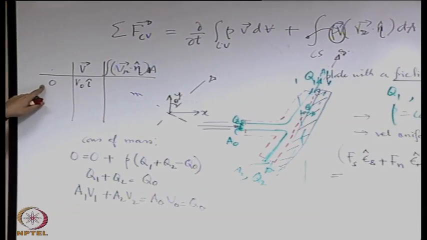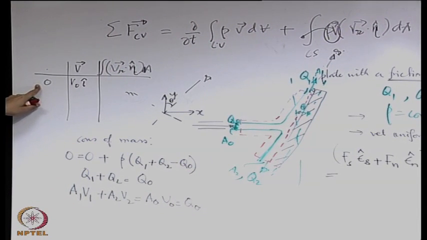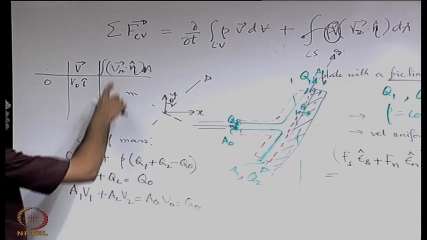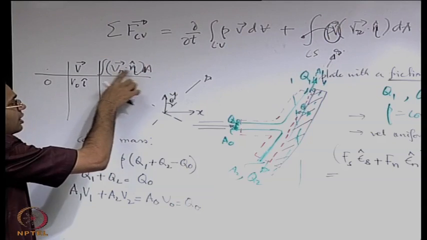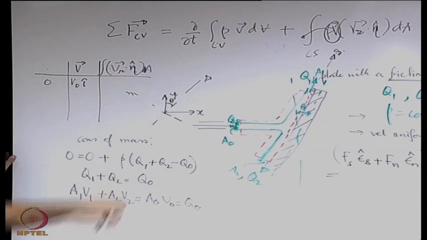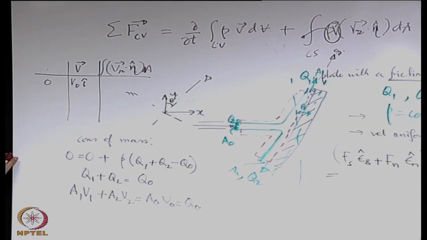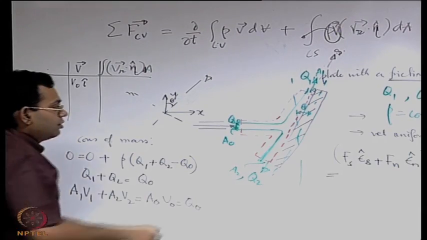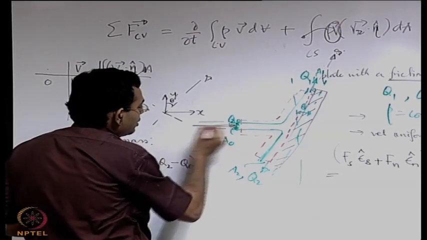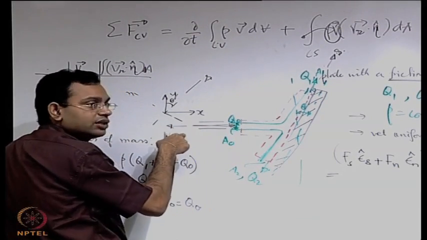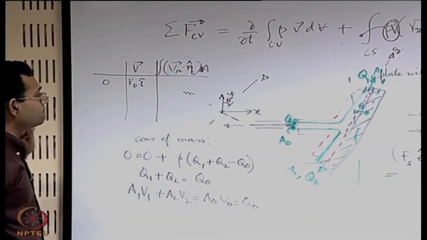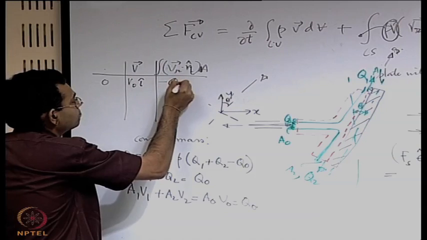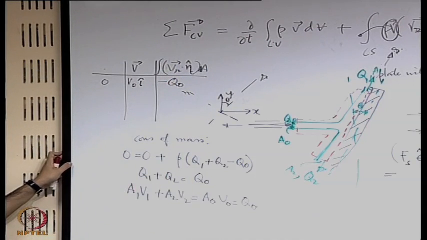So what is it for the surface 0? See, V and this unit vector, are they oriented in the same sense or opposite sense? This is the direction of V, this is the direction of the unit vector of this surface. So this will be minus q0, right.